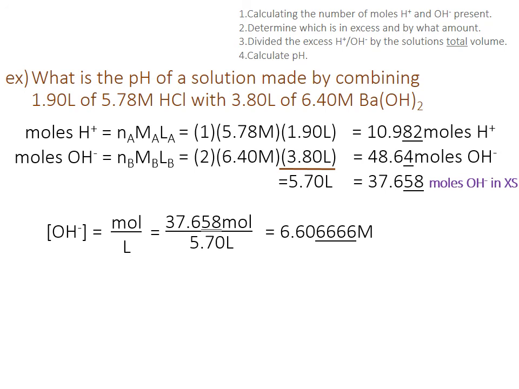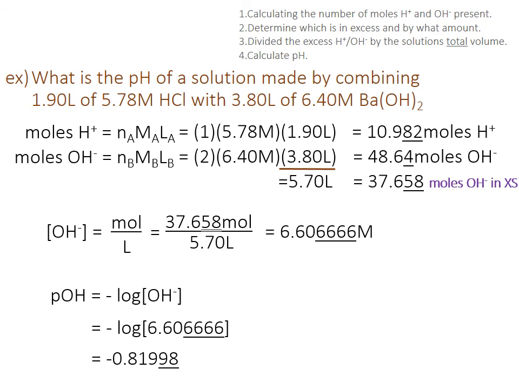Now that I know the hydroxide concentration, I can calculate the pOH and eventually complete step 4, which is calculating pH. So the pOH equals the negative log of the OH- concentration. I sub in the OH- concentration, and my calculator tells me that the pOH is equal to negative 0.81998.